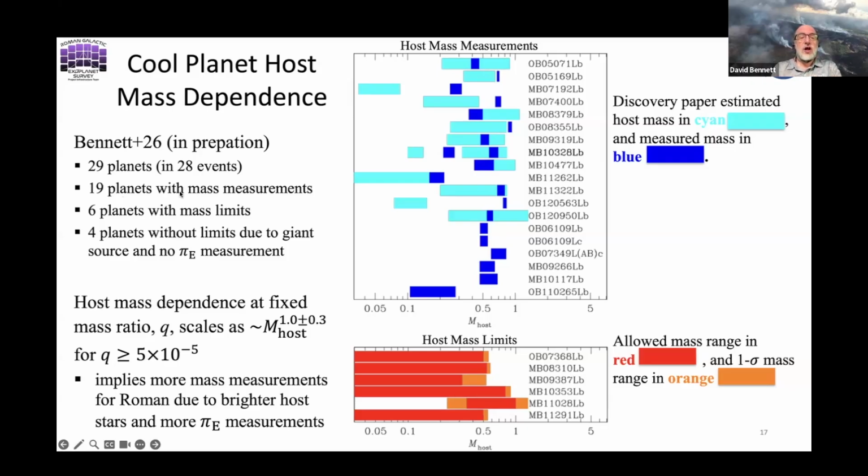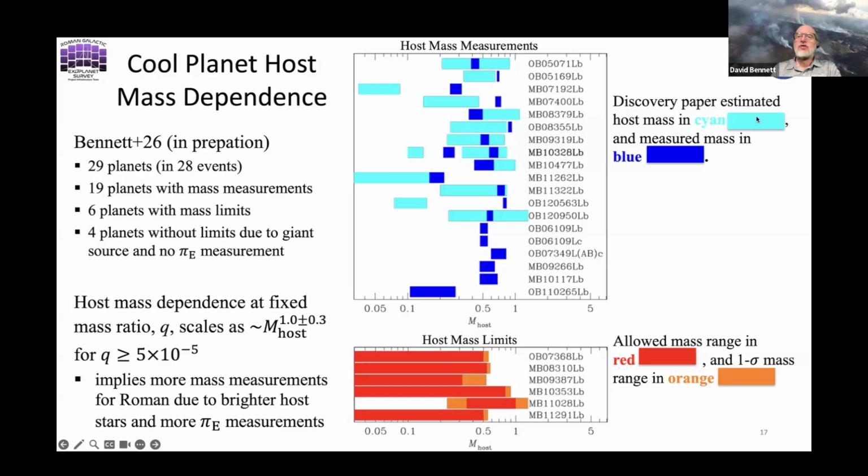Those are shown here. 6 have limits on the mass, and then 4 have giant source stars, which don't allow the lens to be detected. And so here you can see that the blue bands here indicate the mass measurements with the 1 sigma uncertainty.